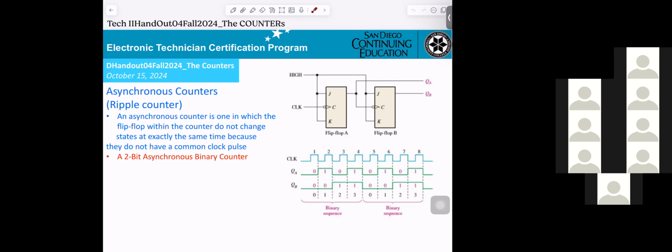Okay. And now we're talking about the first one, the asynchronous counter. Also, it has another name: they call it a ripple counter.